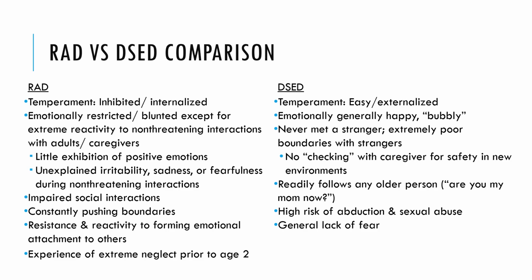They are emotionally restricted, blunted except for extreme reactivity to non-threatening interactions with adults and caregivers, little exhibition of positive emotions, unexplained irritability, sadness, or fearfulness during non-threatening interactions, impaired social interactions, constantly pushing boundaries, resistance and reactivity to forming emotional attachments to others, the experience of extreme neglect prior to age 2.